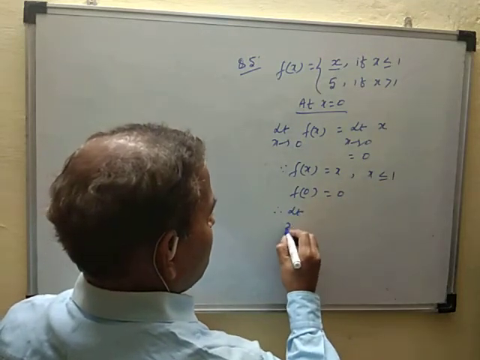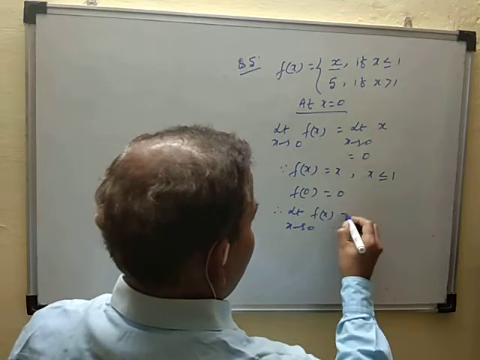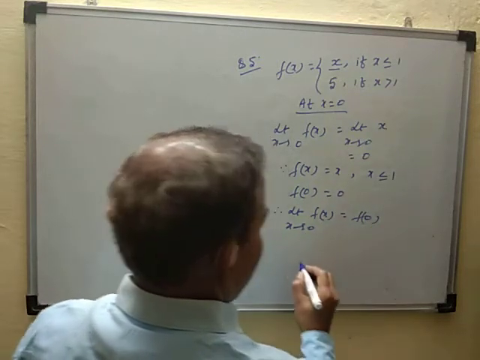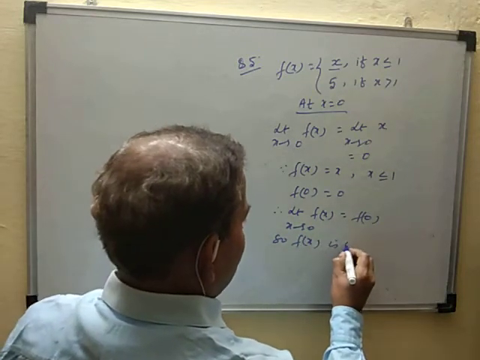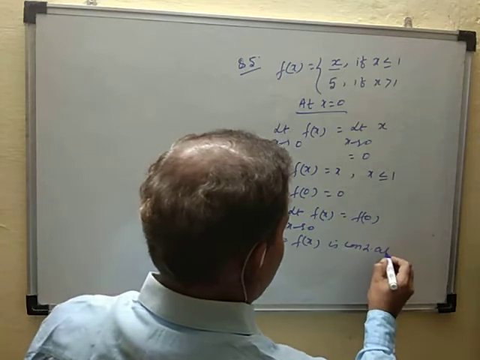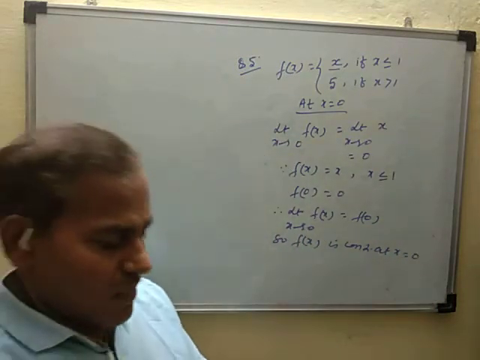So therefore limit x tend into 0 f of x is equal to f of 0. So f of x is continuous at x is equal to 0.